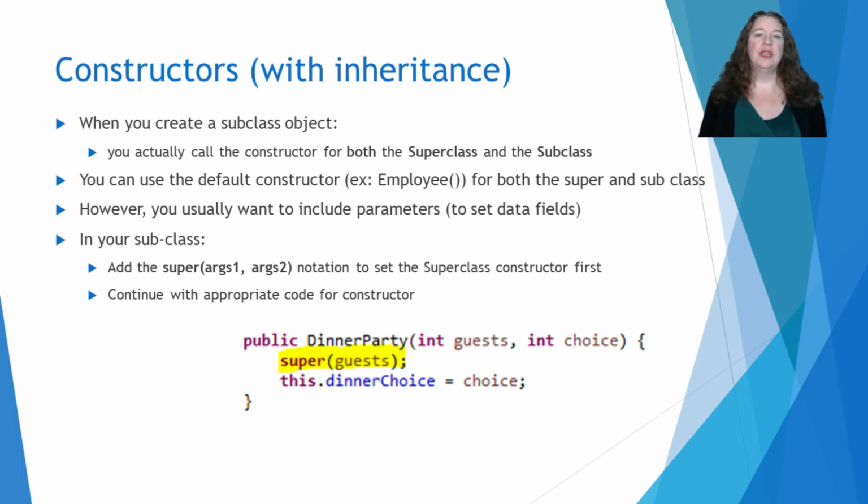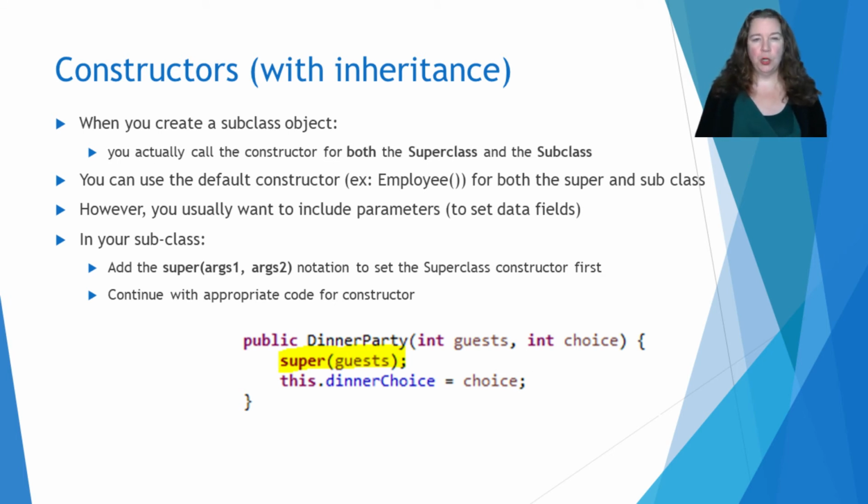additional things. In our situation, we are going to make a constructor for our party that is going to take how many guests, because we don't want to have to use the setter, we want to put it in a constructor. Then we are going to use that for our dinner party to set the number of guests and set the dinner choice afterward.